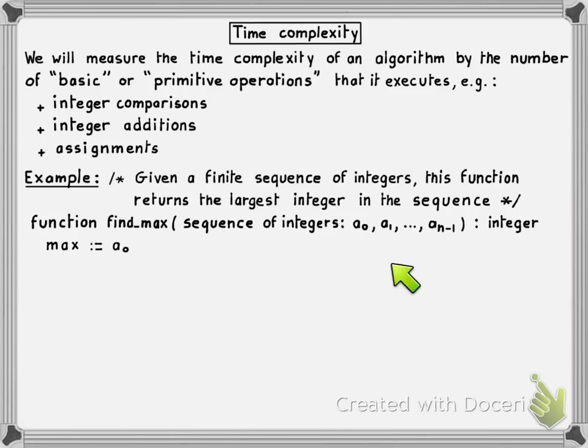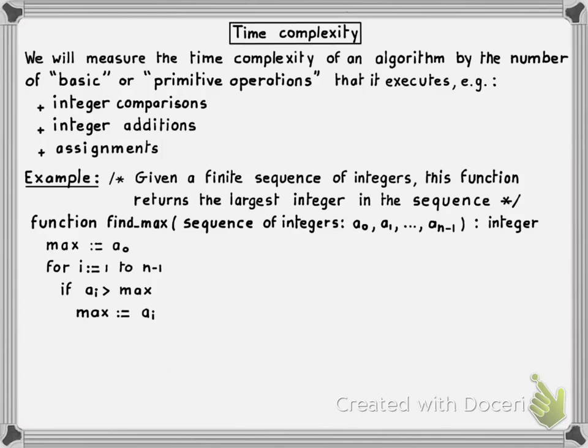Then we're going to execute a loop over the remaining elements a sub 1 through a sub n minus 1 using the loop variable i, and for each element after a sub 0 we're going to compare it to the current value of max, and if the current element is larger than max, then we replace the old value of max with the value of the current element.